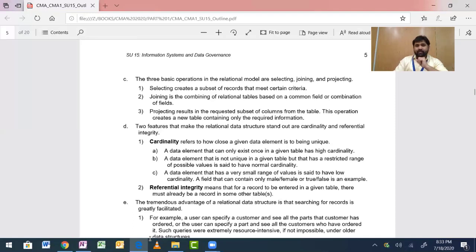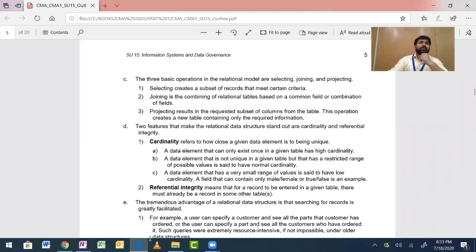Fine. Now, this we have done in economics. How are they putting this? Cardinal refers to how close a given data element is to being unique. One second. Here, is it being used in the same format or not, that is what I'm confused about now. I don't think it is being used in the normal sense of the word.